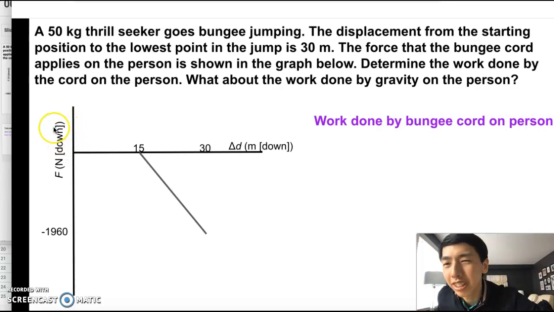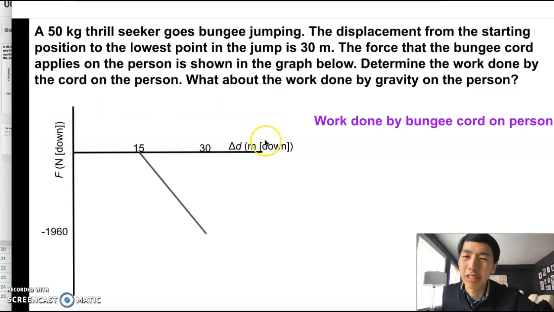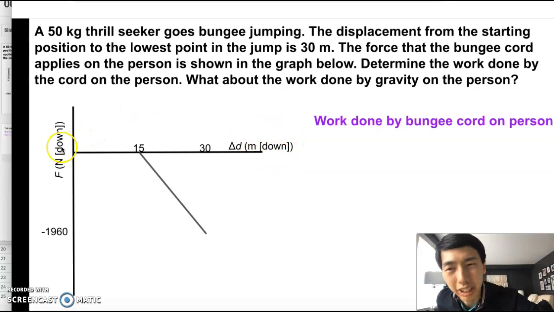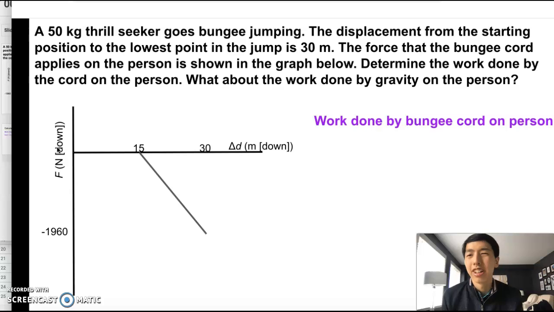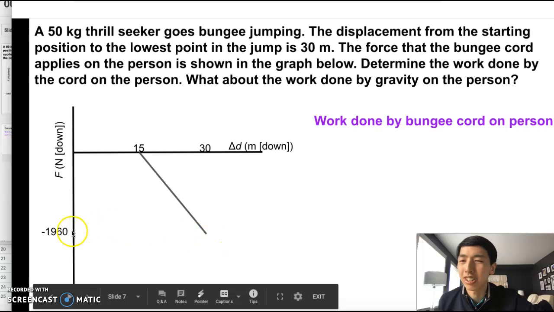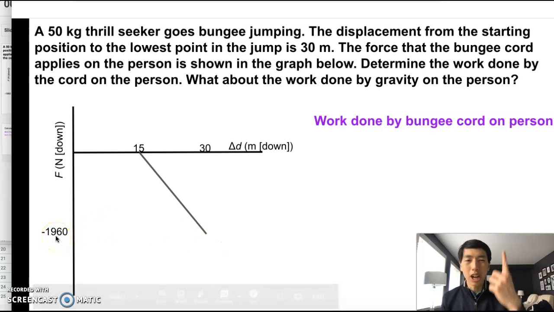It's because the two axes have to match in direction. So because I label displacement down, I've got to label force down. Okay, this area of the graph method only works if you've got matching units with matching directions. And that's why I have a negative value for force. Okay, the force is up.